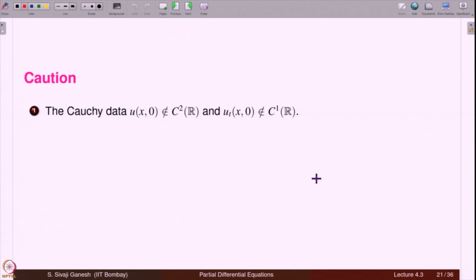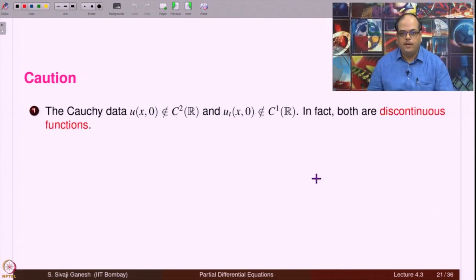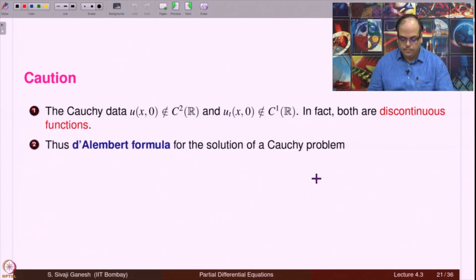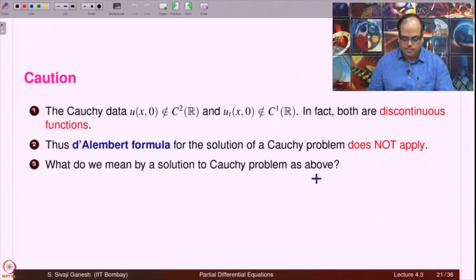So, therefore, we have to exercise caution. The Cauchy data does not satisfy what is required for D'Alembert formula to be applicable. Therefore, the formula does not apply as such because phi and psi do not satisfy the required smoothness assumptions.